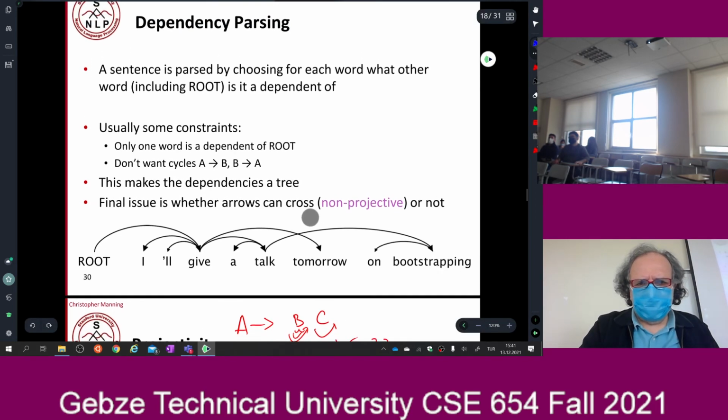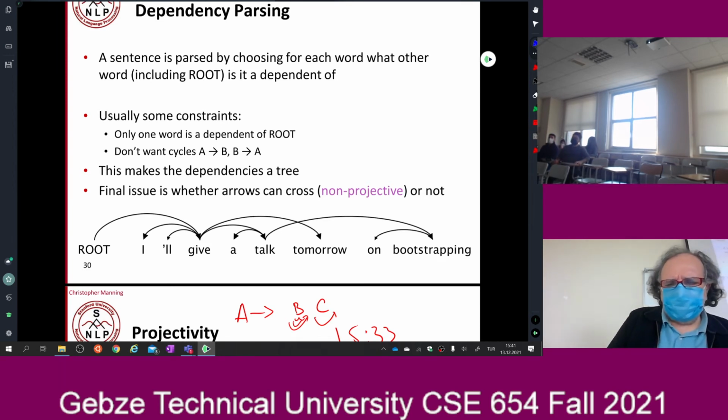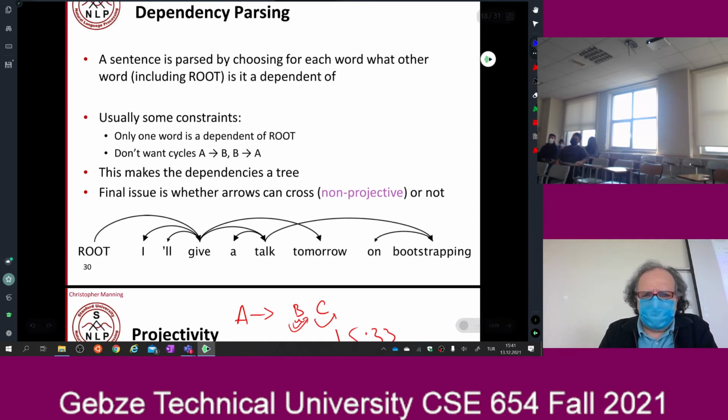Usually, before we go to dependency trees, if we draw the dependency arrows like this, you don't see these kind of intersections. You don't see these kind of intersections.